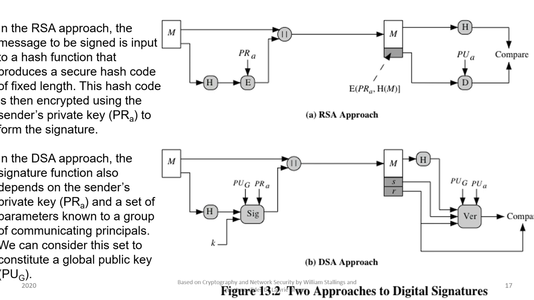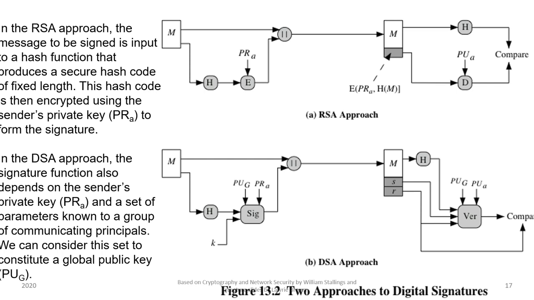So if we think about the two approaches that we can have for digital signatures under this scheme, we can have an RSA approach and a DSA approach. The main difference is how the message is being sent and where we use any form of encryption or not.